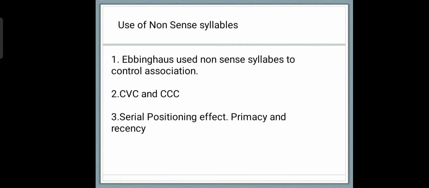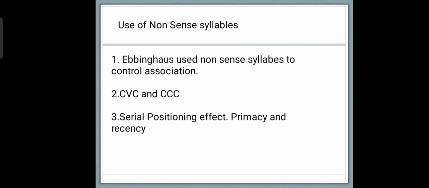That can be for someone who is in French or in Nepali. So to control that association value, why? Because if something is associative to my knowledge, then I'll remember that part more. So that won't actually measure my memorization capacity, because it is always boosted up by some cue or by some help. Okay, so Ebbinghaus used the nonsense syllable to control the association.